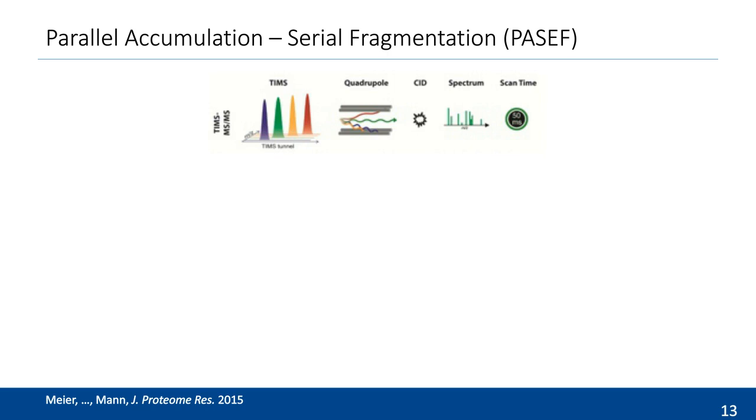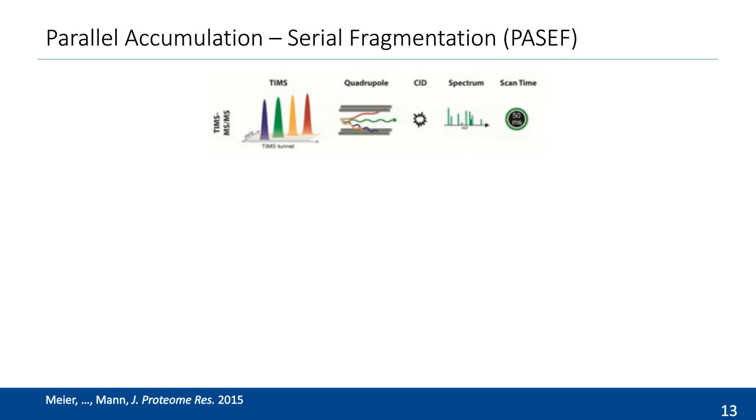So as I mentioned before, MS-MS events are important for us to identify peptides based on their fragmentation pattern. And if you just do a standard TIMS MS-MS experiment, you would accumulate the ions in the TIMS device, elute them as a function of their ion mobility, and then the analytical quadrupole would select one ion of interest, which is then transferred into the collision cell, and we acquire the MS-MS spectrum in the time-of-flight analyzer.